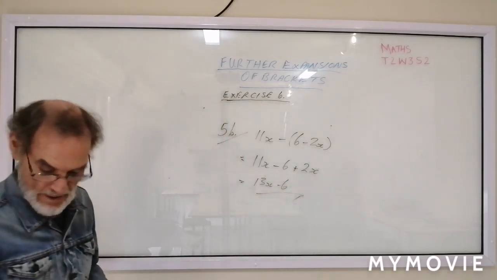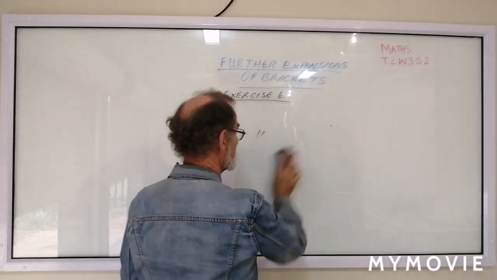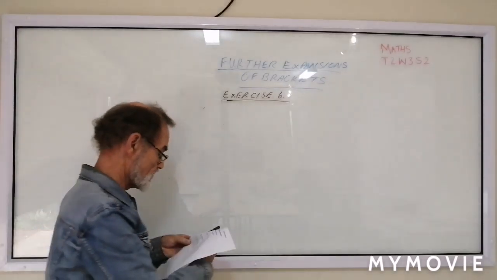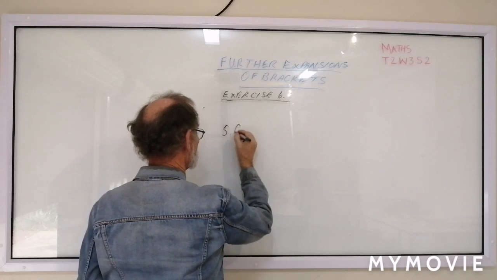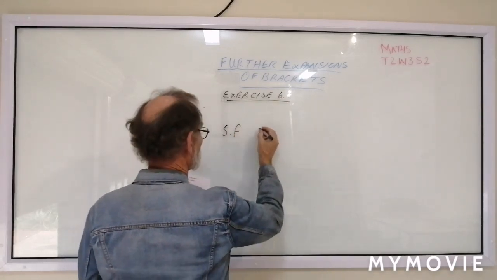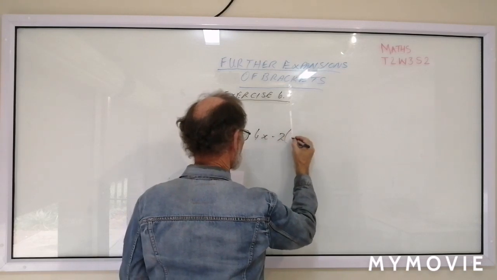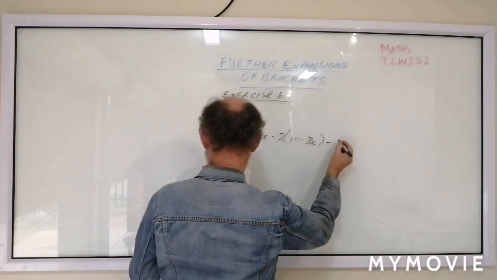Here you are. Moving on to the next example that I'm doing from this question is 5f. 5f is 4x minus 1 minus 3x minus 6.